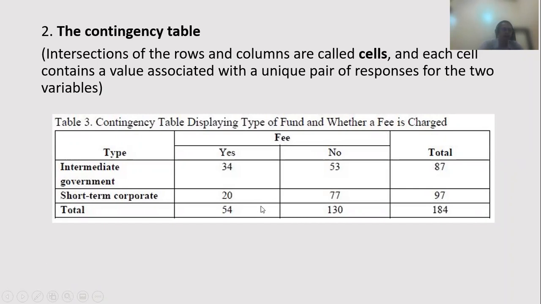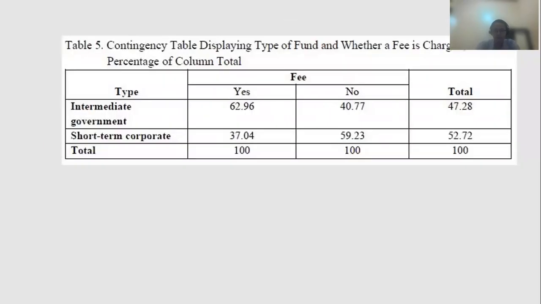So 34 divided by 54 will give you 62.96%. And there you have it, 62.96%. And again, continue applying the same principle to fill in all this information.